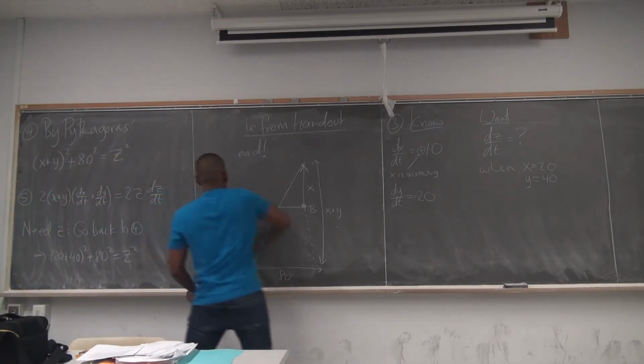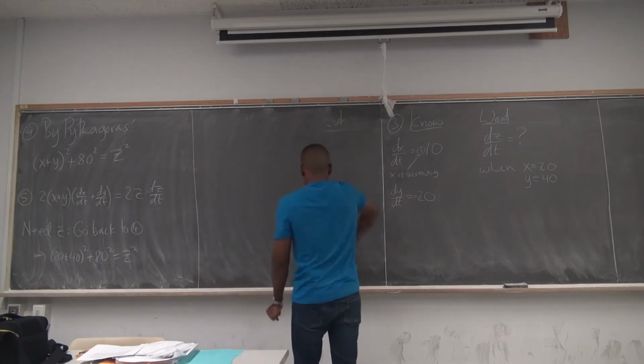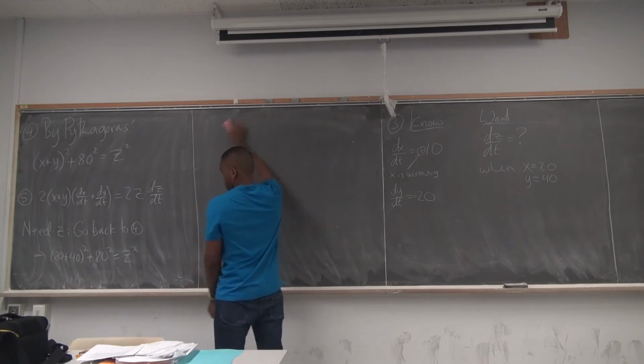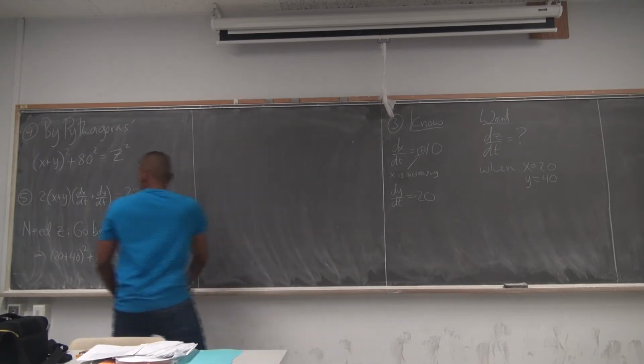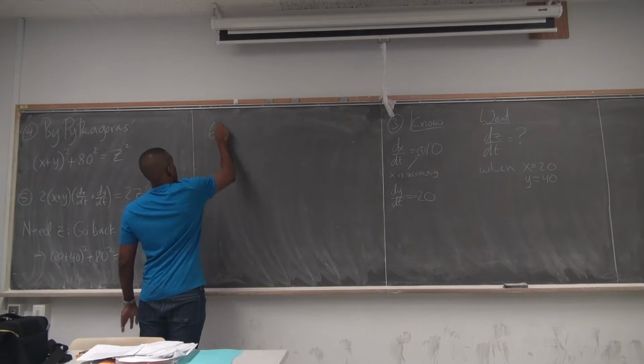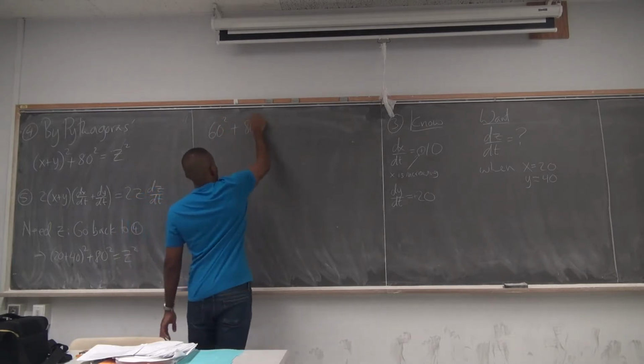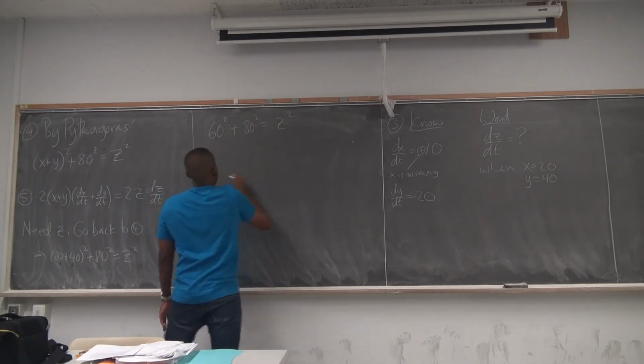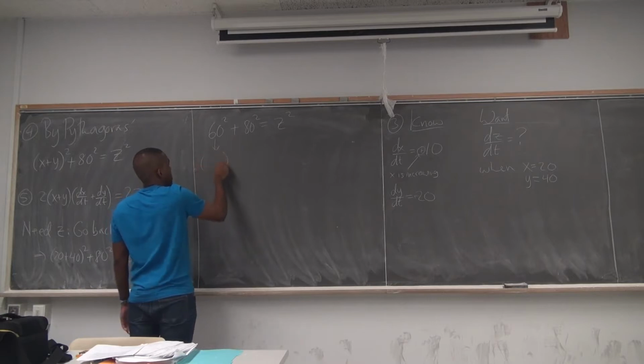Okay, so what's that? 100. Z is 100? How'd you get that? So 3, 4, 5 times. This guy here would be 60 squared plus 80 squared equals z squared. The 60 you can think of as 3 times 20.